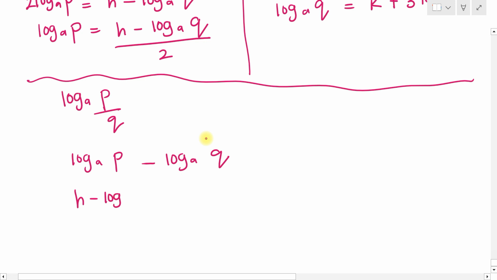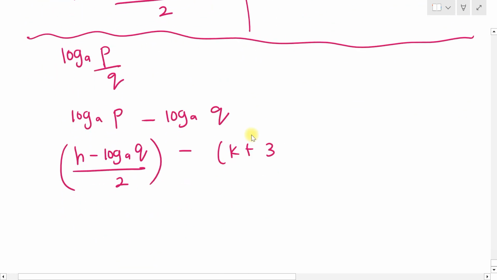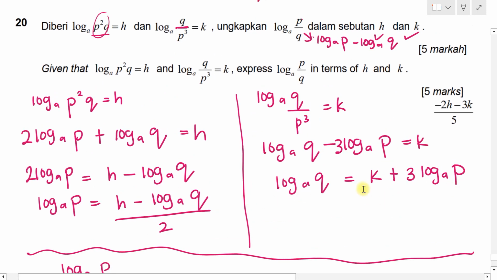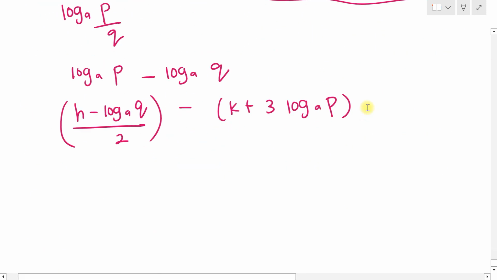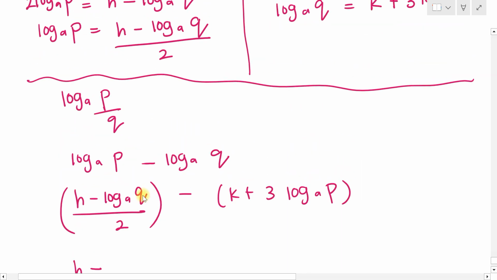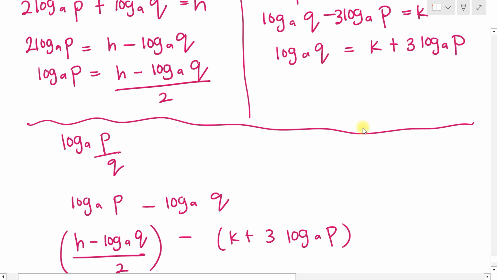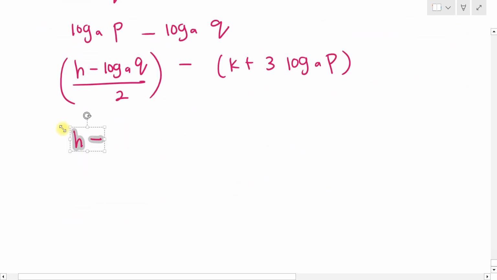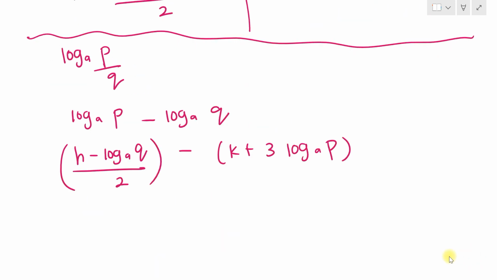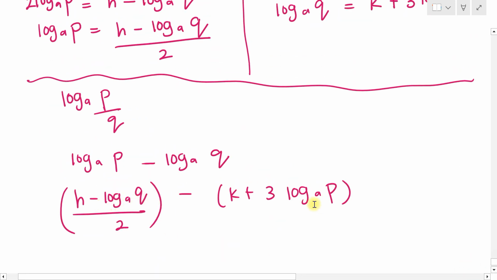H minus log a Q over 2 minus log a Q is K plus 3 log a P. Okay, based on what you find just now, 5 marks definitely going to be a little bit longer. So H minus, what is log a Q? Again you substitute. Again you will get in terms of P. So how to end this? We need to think another way already. So we either substitute the log a Q or log a P lah. Give it one term only.